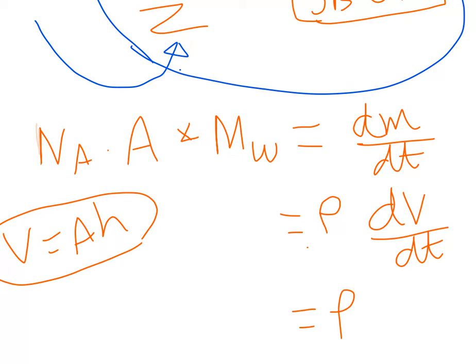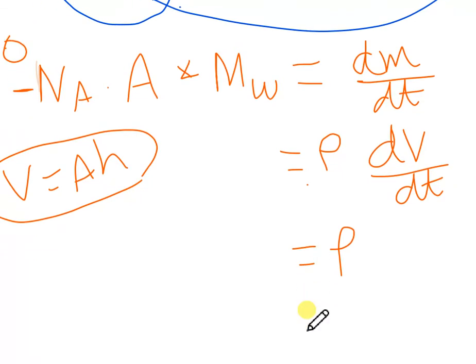In is nothing, so 0 minus out: rho d over dt of volume, area A times z, the small z. Small z is the height of the liquid.